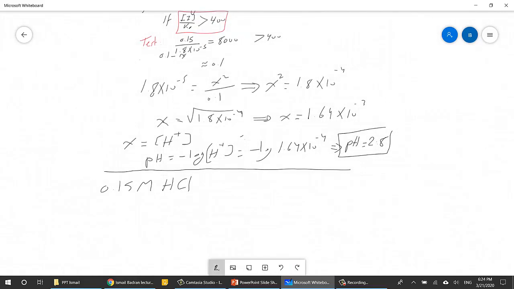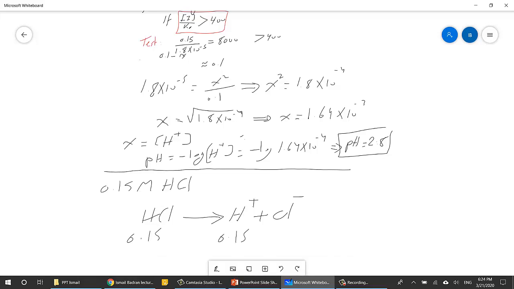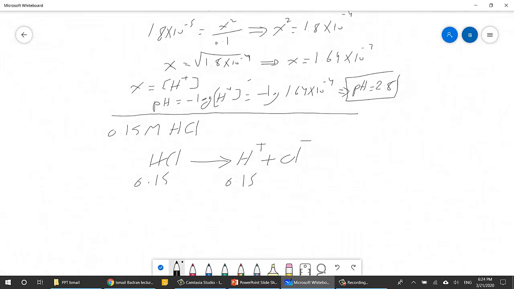HCl completely ionizes in water to give you H plus plus Cl minus, and the 0.15 will give you 0.15. There is no need for a table here. This is a one-way reaction. There is no equilibrium. Actually, there is an equilibrium, but the equilibrium constant is so huge that the concentration of the H plus will equal the initial concentration.